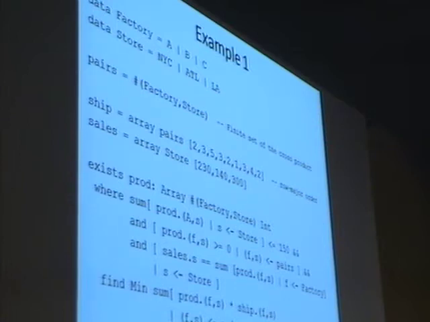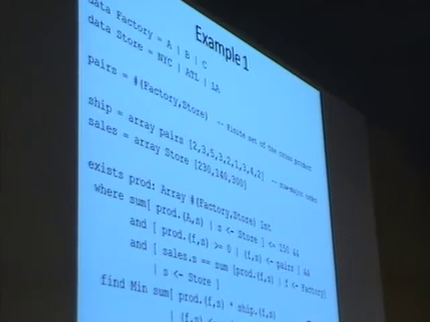Well, I have some constraints here. I don't have a pointer. If you say for every store, I take the production at store A and S, and that has to be less than 150. What does that mean? It says that factory A is small and it can't produce more than 150 elements.